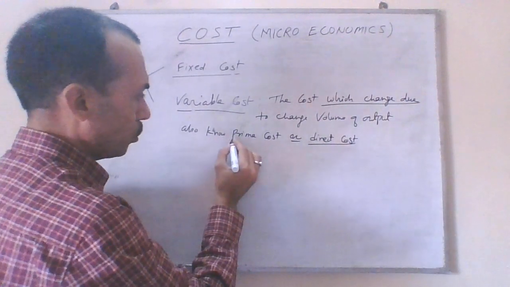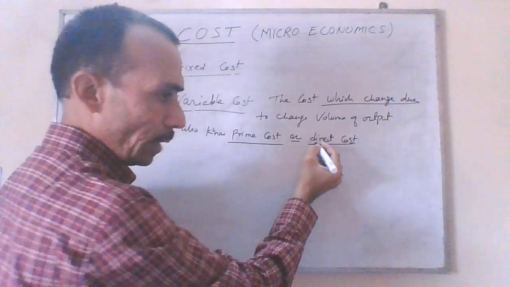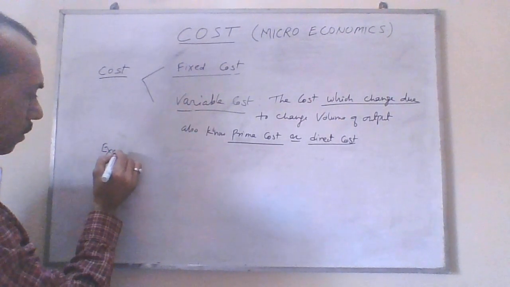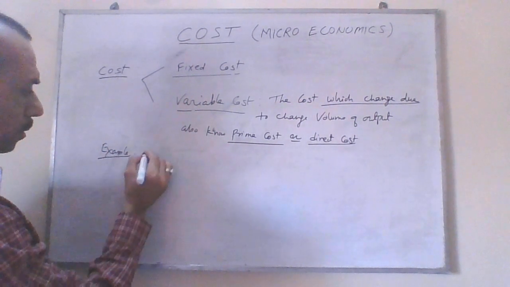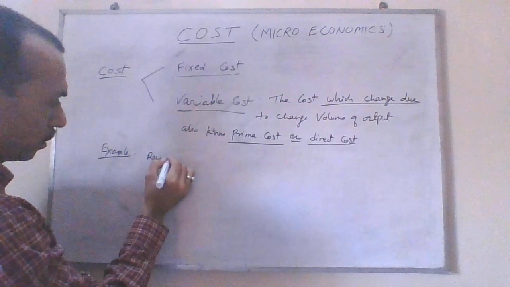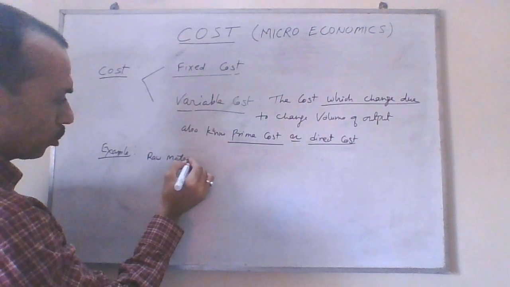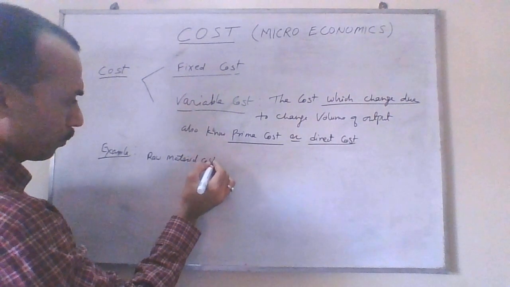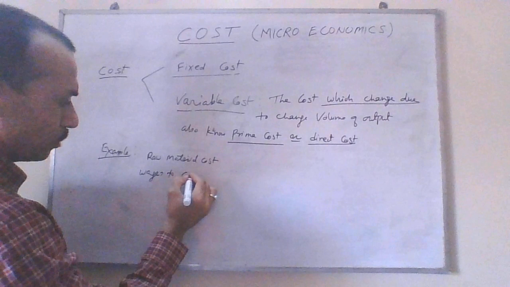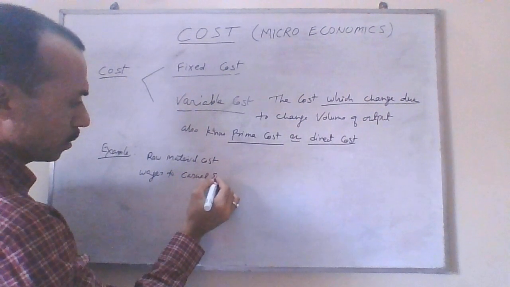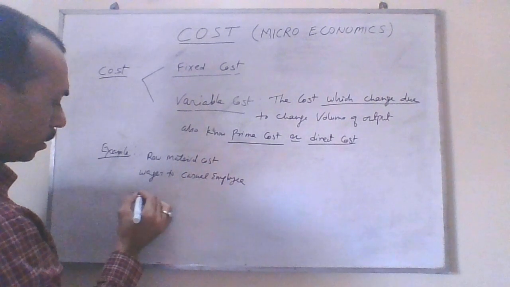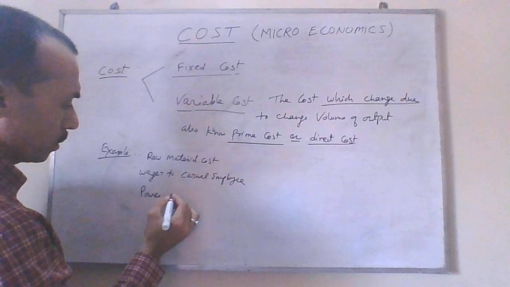This cost is also known as prime cost and direct cost. For example, raw material cost, wages to casual employees, power expenses.